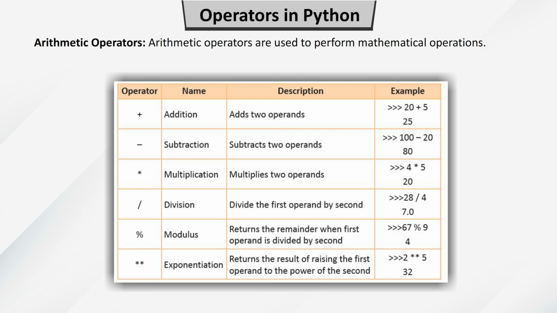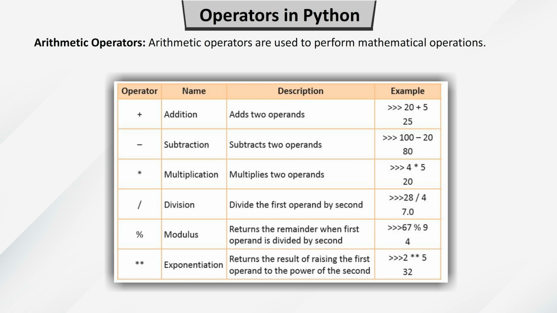Slash, division, divides the first operand by the second: 28 / 4 = 7.0. Percent, modulus, returns the remainder when the first operand is divided by the second: 67 % 9 = 4.